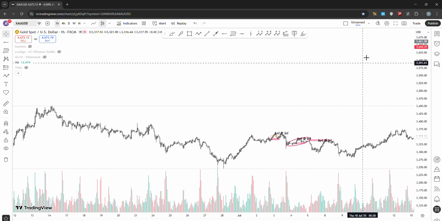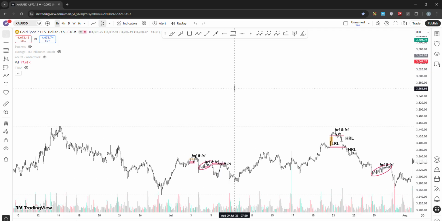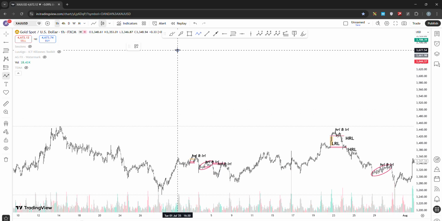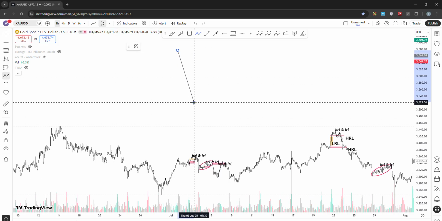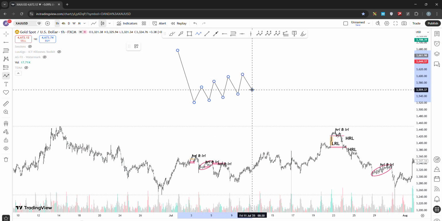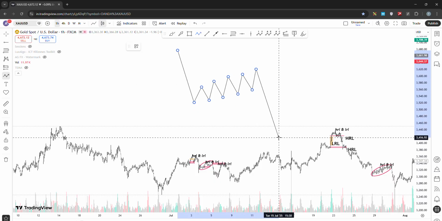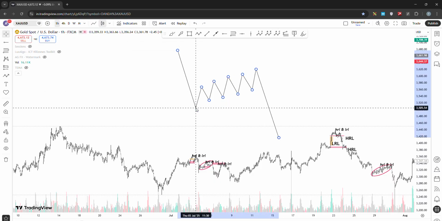Okay, so now let's talk about low resistance liquidity. Let's say the market is bearish after a drop, and it does something like this. The market starts to consolidate, creates a flag or something like that, and then drops once again to the downside.